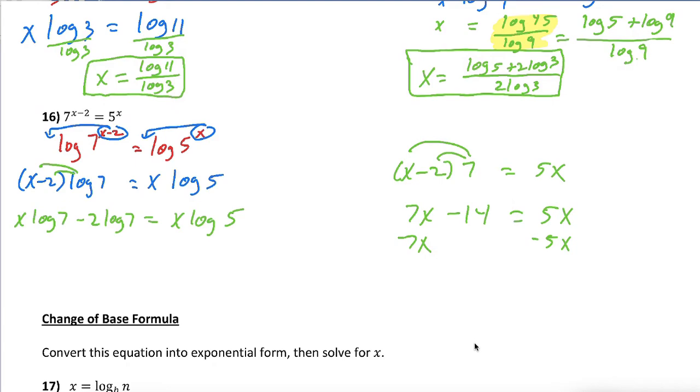And now that we've gotten the x's out of the parentheses, I'm free to move from one side to the other, so I can take this x log of 7, and I should subtract it, not add it, to move it over to the other side. Notice how I'm writing it off to the side a little bit because they're not like terms. So I can't exactly just combine them.